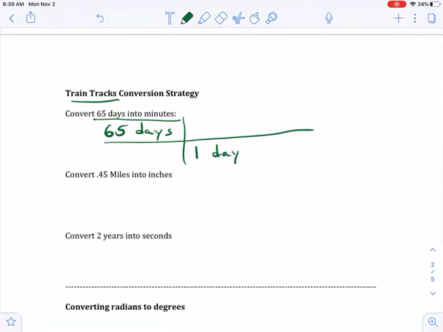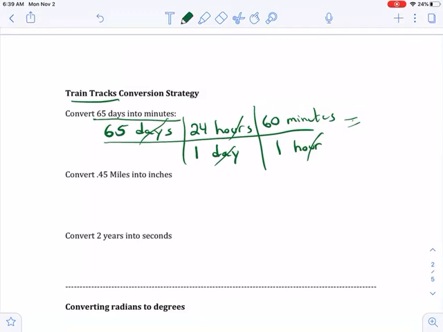Well, I know that 1 day has 24 hours. And the reason why I wrote it like this is so that my days can cross out here. Now you'll see that I'm left in hours, and I want to convert away from that. Well, I know that 1 hour has 60 minutes. Cross those out. And now I'm at the unit that I wanted to be in.